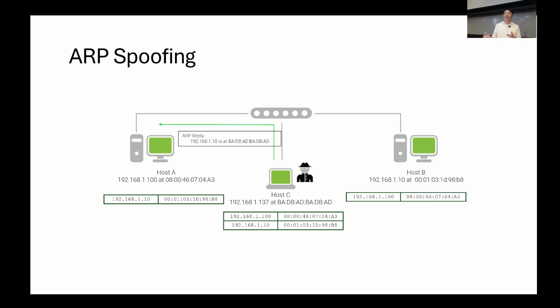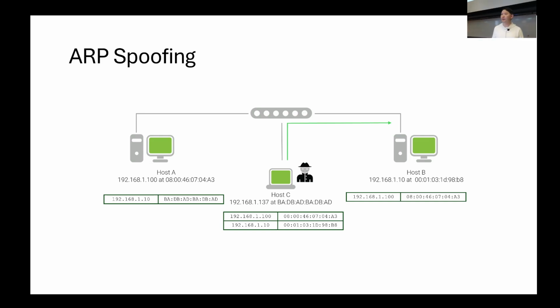So that's the nature of the ARP protocol. Very easy, right? You can just send the crafted packet to host A. In the same way, you can send one to host B: hey, host 100 is at MAC address AD.